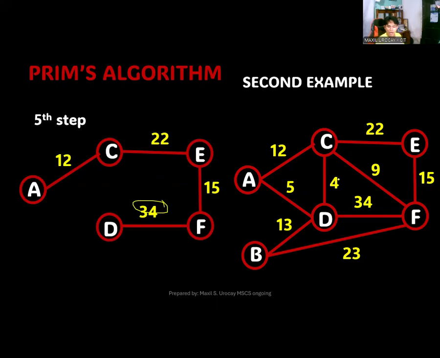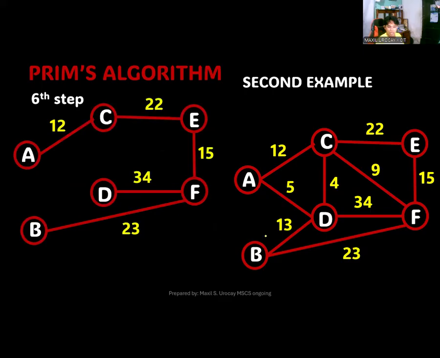Compare A to D, that is 5, which will form a cycle, so you have to reject it. C to D will form a cycle, rejected. C to F will form a cycle, rejected. Then F to B is 23, and B to B is 13, so you can choose 23.